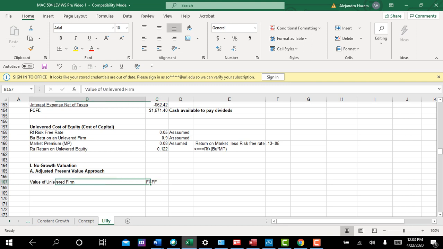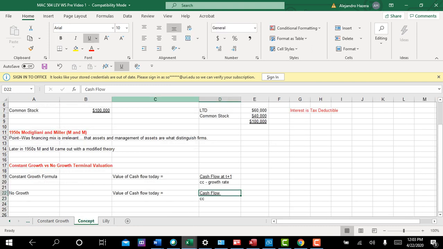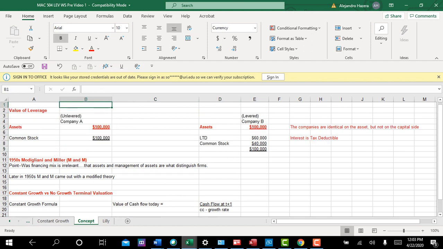And then we're going to divide that by the return on unlevered equity. So conceptually, we're assuming that Lilly has no debt. Then we're going to add the value of the tax shield, which according to these authors is the only value of debt. And then we'll get the value of a levered firm.